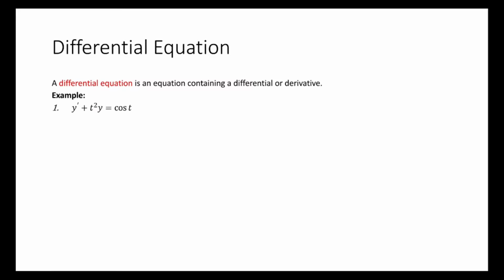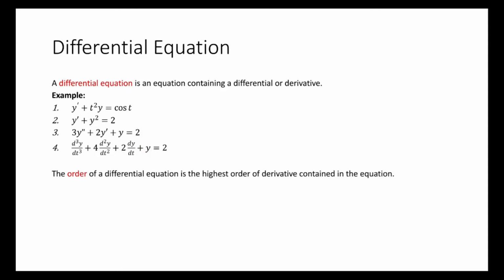And what about a differential equation? Of course, it is an equation and it has to contain a differential or a derivative. Another example: this one contains a derivative, this one also contains a derivative, this one also, and this is a second order derivative. And again, this one contains a differential.